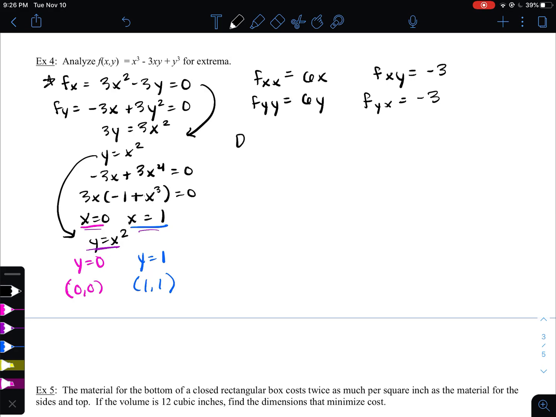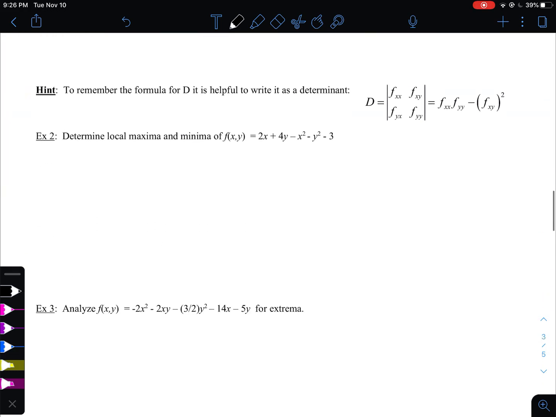Okay, the discriminant is actually that formula that we were talking about. It can be defined more quickly by using a teeny tiny determinant. Okay, it's like a little mini cross product.